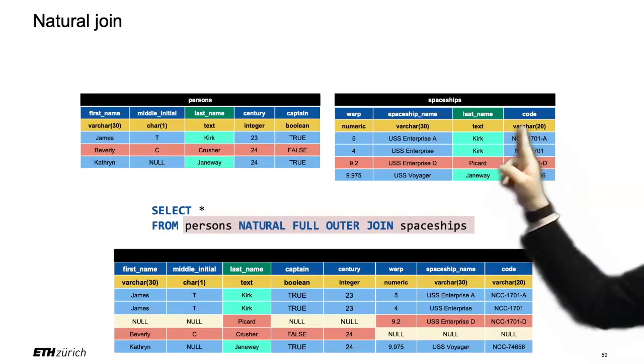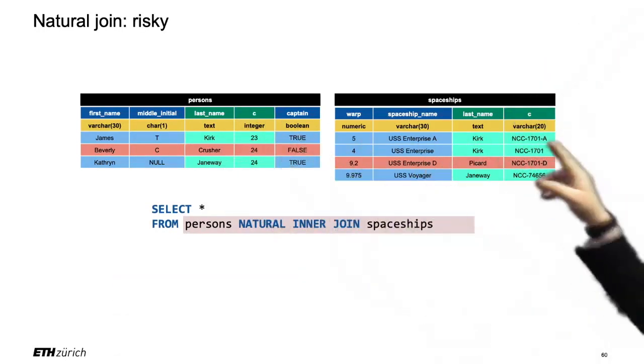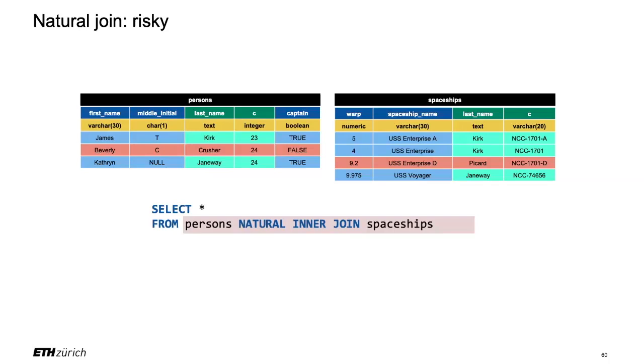And now I changed them, just for the purpose of showing you something, to the same name. So now that is an example of an accidental coincidence of column names, right? For last name, it was intentional. It was the intent that they're supposed to be joined together. But here, that would be something accidental. It means that it just happens to be that these two tables use the same column name, but in fact, these columns have nothing to do with each other.